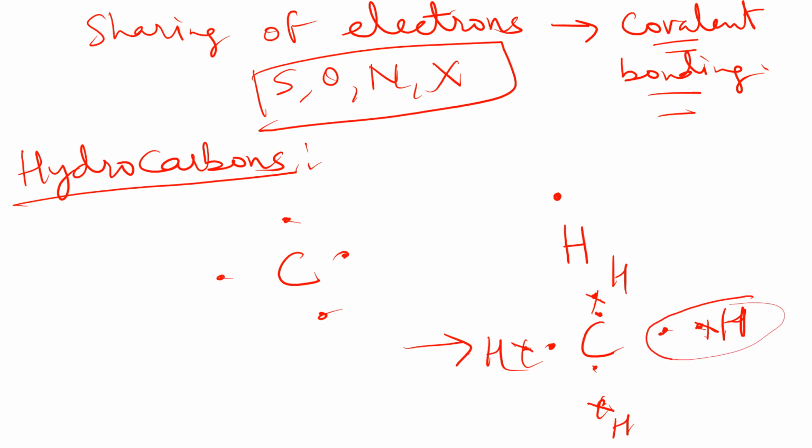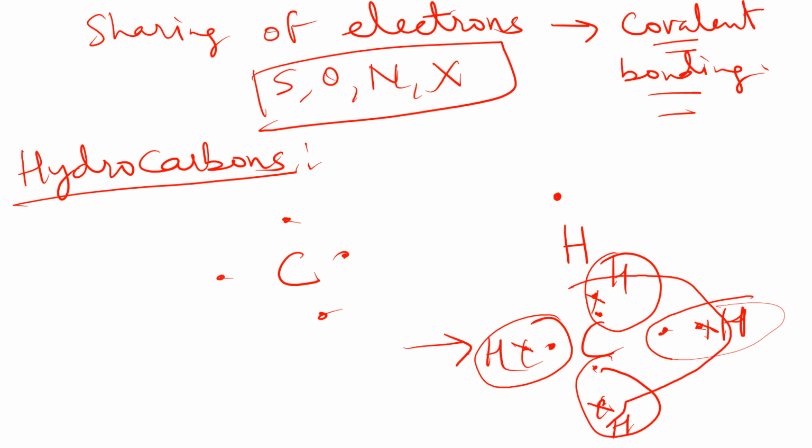Each hydrogen has attained 2 electrons by sharing with carbon, and carbon now has 8 electrons by sharing 4 electrons with 4 hydrogens.